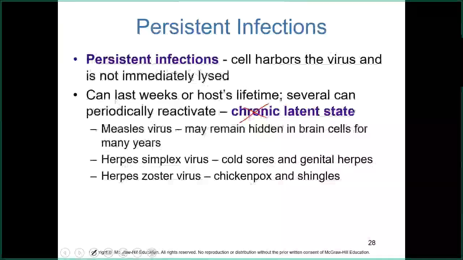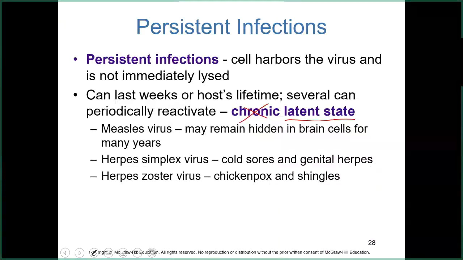And we'll talk about a class of viruses that cause what are called latent infections. There's different kinds of persistent infections. So persistent infection is where you have a viral infection, right? Host cells are infected, and it's a prolonged infection. It takes a long time for it to be carried out.